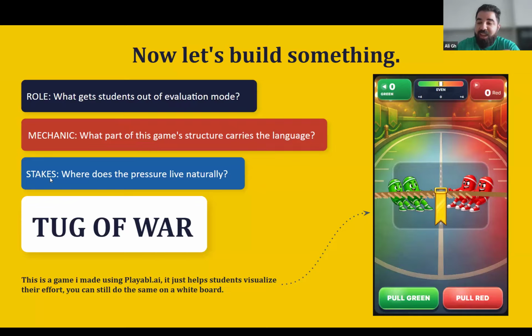And for stakes, it was boys versus girls. What higher stakes than this in a fifth grade classroom can you have, right? Definitely, they want to show that they are better in their class, and these little competitions are fun ways you can actually help them do that.